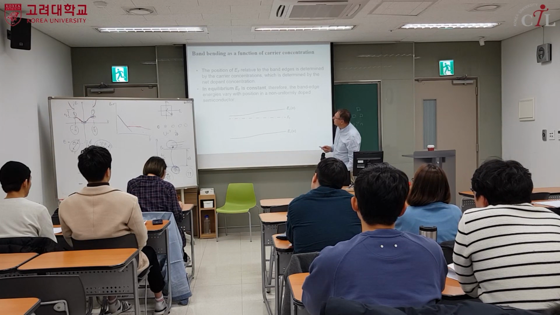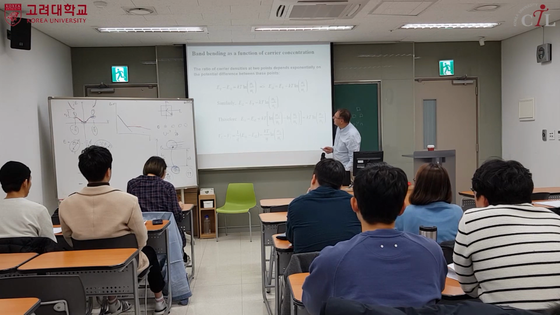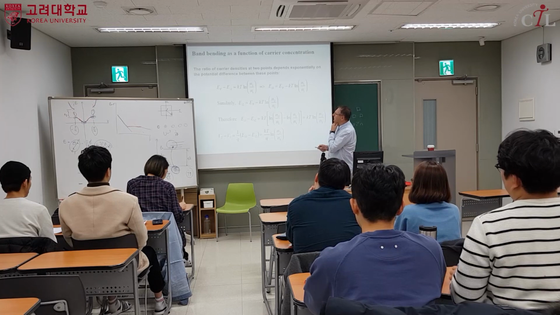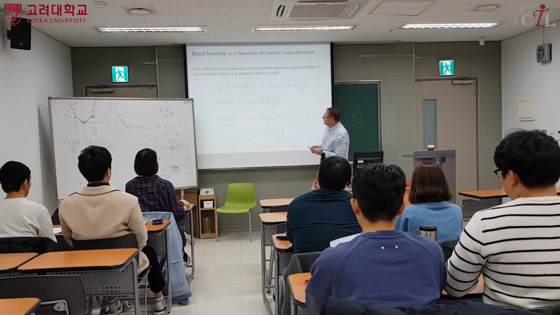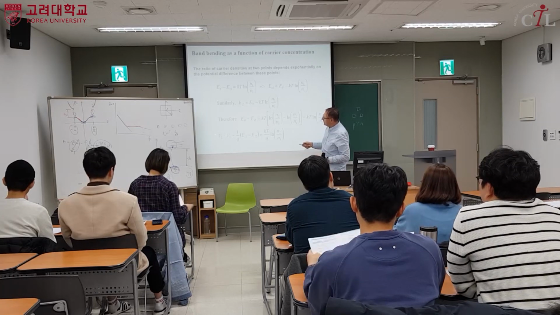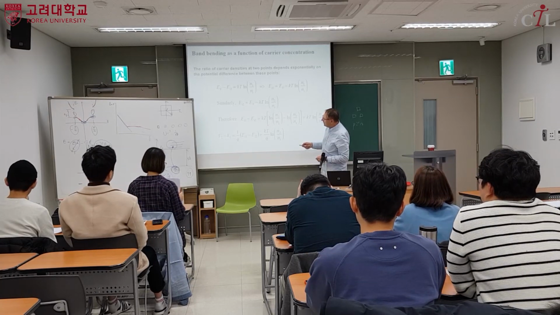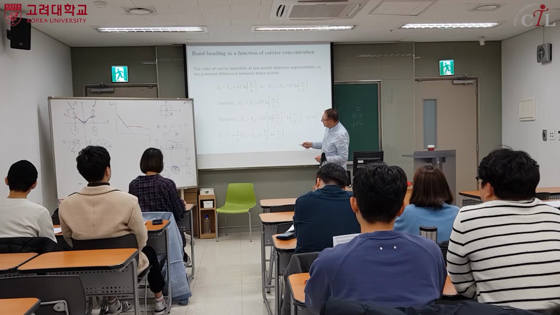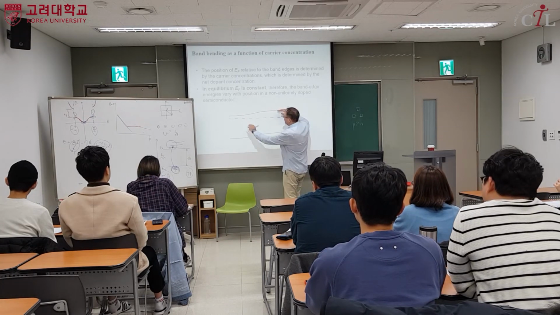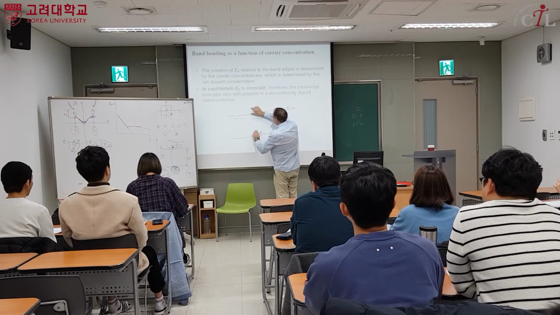And then I have some equations on the next slide describing how big the band bending is going to be. So for instance, if you have exactly the material on the previous slide, then the band bending difference, basically what is that? Say it's the difference between this level and that level here.